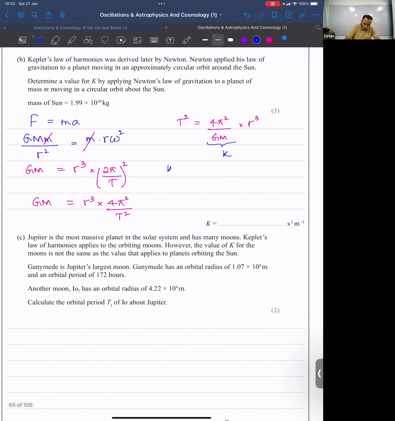So K is going to be 4 pi square over GM. That is 4 pi square over 6.67 into 10 to the power minus 11, into the mass of the sun, which is 1.99 into 10 to the power 30.